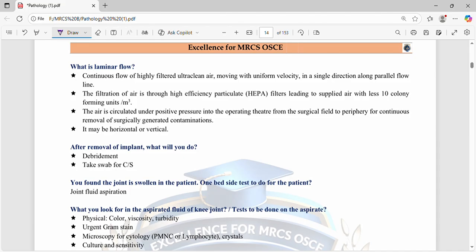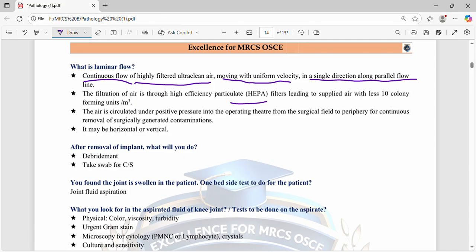So what is laminar flow? A continuous flow of highly filtered ultra clean air moving with uniform velocity in a single direction along parallel flow lines. The filtration of air is through high efficiency particulate air filters, leading to supplied air with less than 10 colony forming units per meter cube volume.